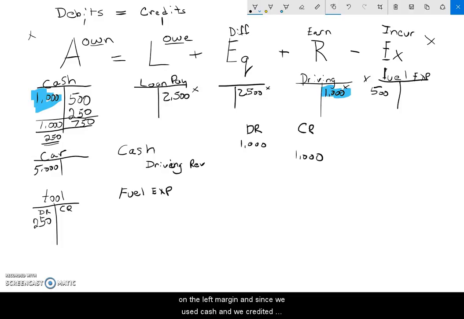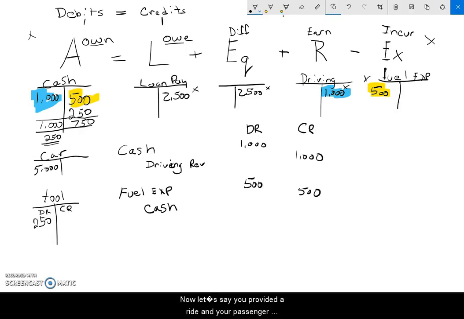And since we used cash and we credited cash, we're going to credit that. So we're going to have a $500 debit of fuel expense and a $500 credit of cash. And we'll demonstrate that here in just a moment. Here's our fuel debit and our fuel credit, just like the others.